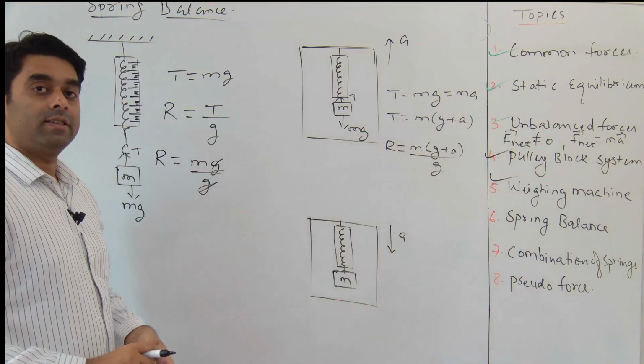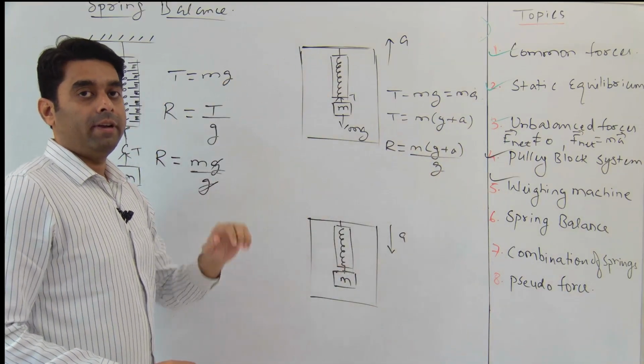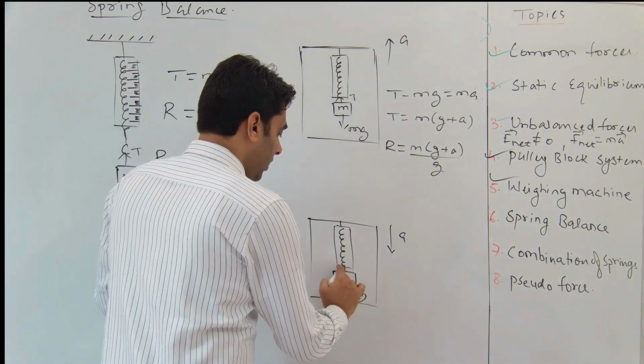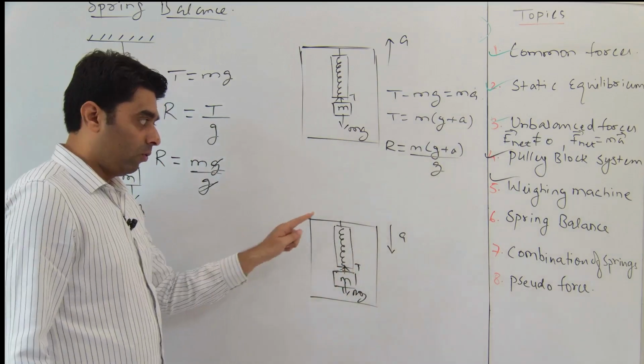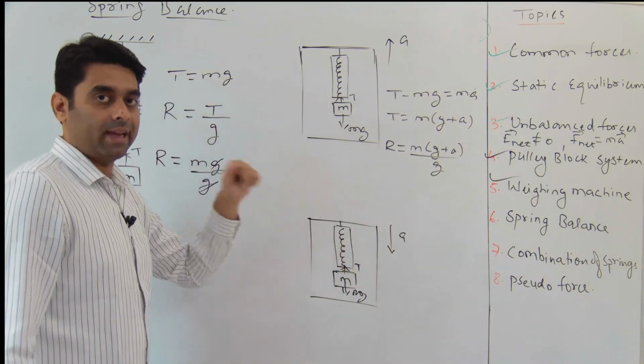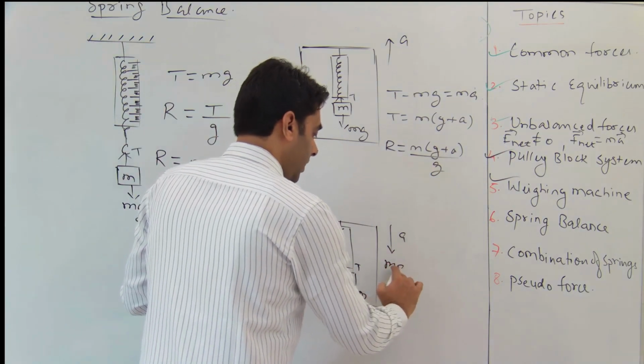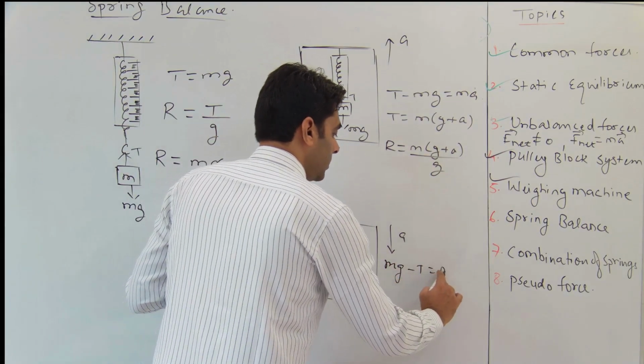Let's consider the situation when the elevator is going down with acceleration A. Again, mg downward, tension upward. What equation do we get? Because the acceleration is downward, our F net equals ma equation will be mg minus T equals ma.